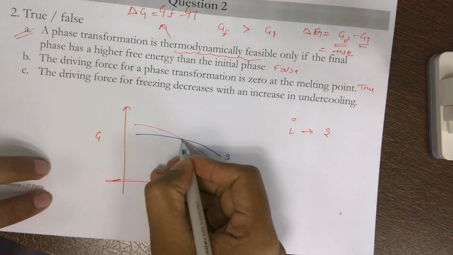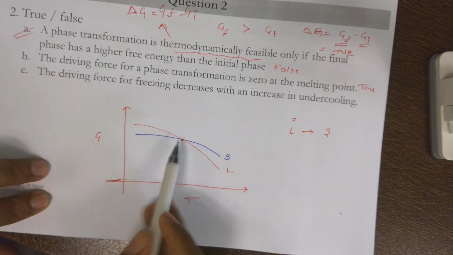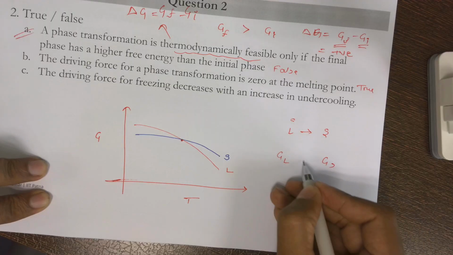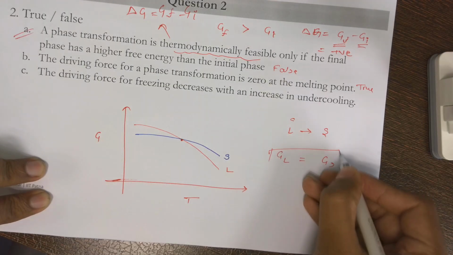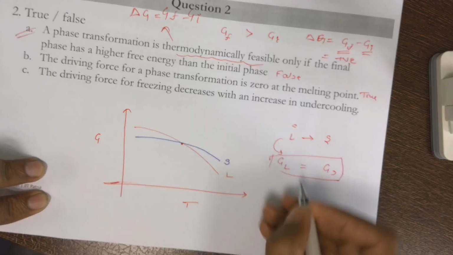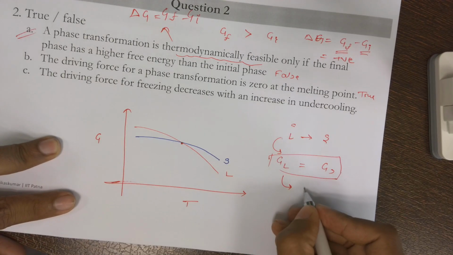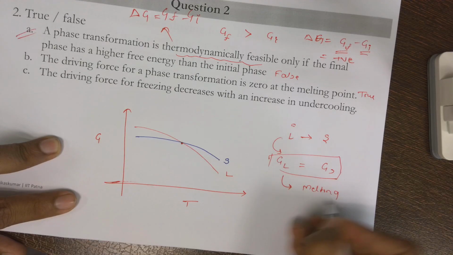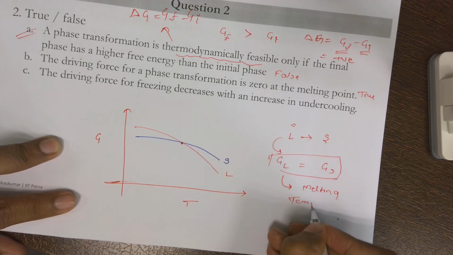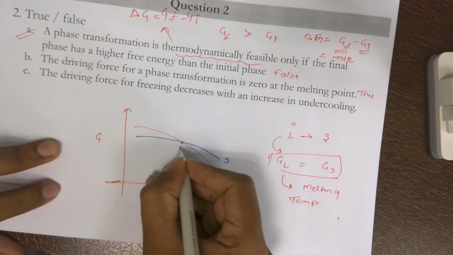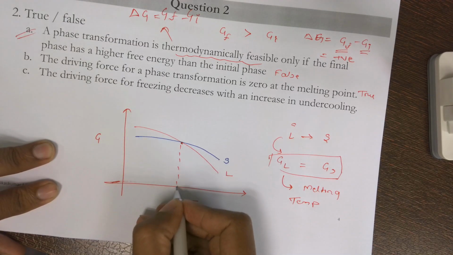What is this particular point? The point at which the G of liquid and the G of solid are equal. The temperature corresponding to this will be the melting temperature. The intersection point is the melting point.